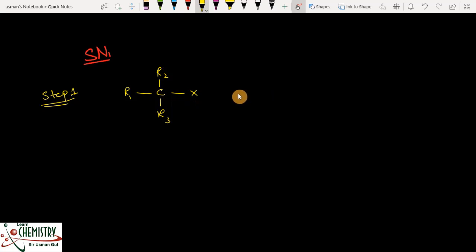Ionization will occur, the alkyl halide will ionize, and the process will be slow. This happens through the polar solvent. Basically, a polar solvent favors the SN1 reaction, as I already explained.